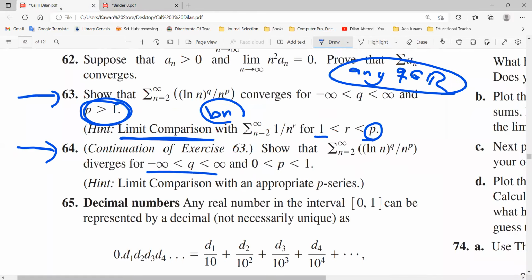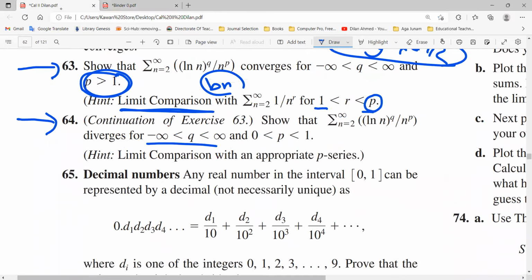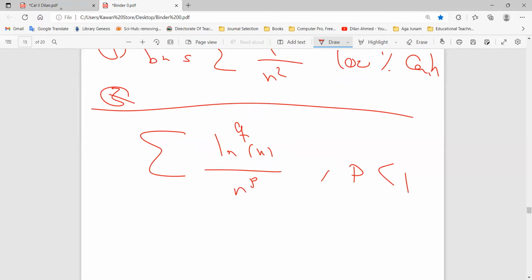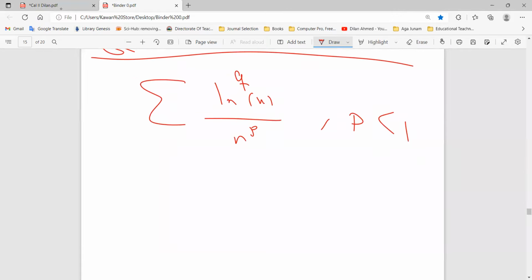You say 64. We have P, Q, whatever, and P is between 0 and 1, like a square root. So limit comparison with a P series. So bring a P series that does not converge, less than that.